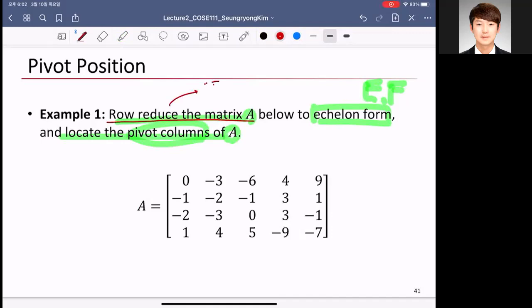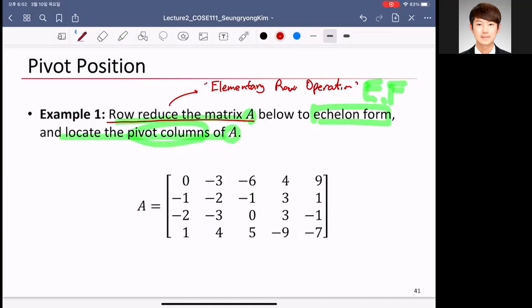By elementary row operations. Okay. So let's do that. So in this case, we have 4 rows and 5 columns.